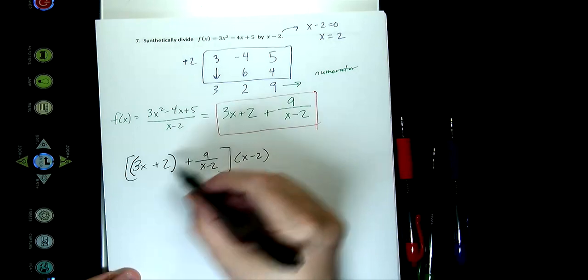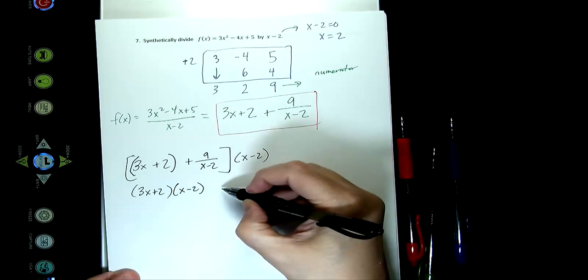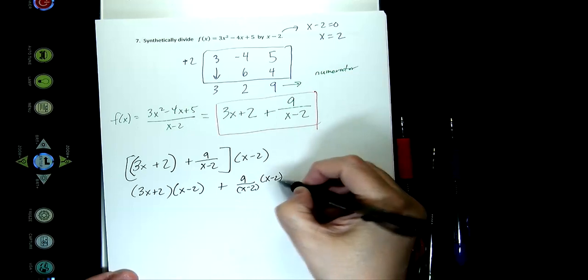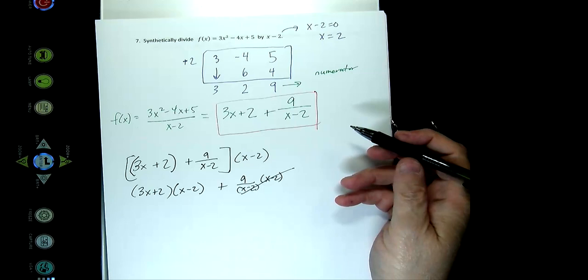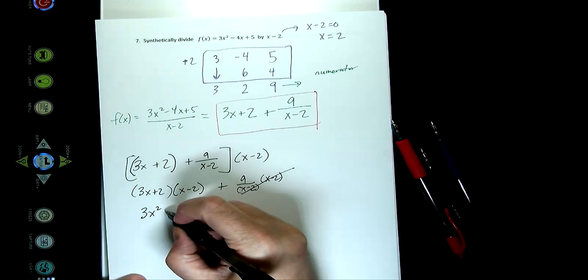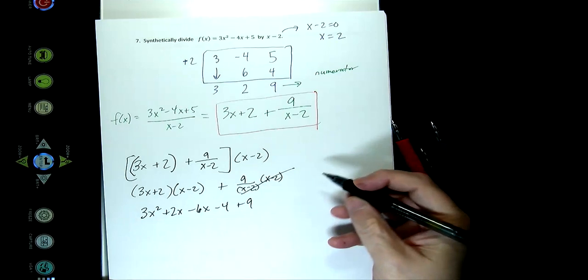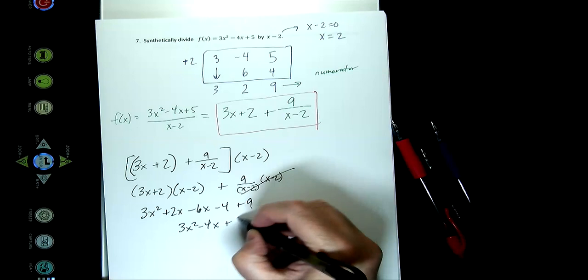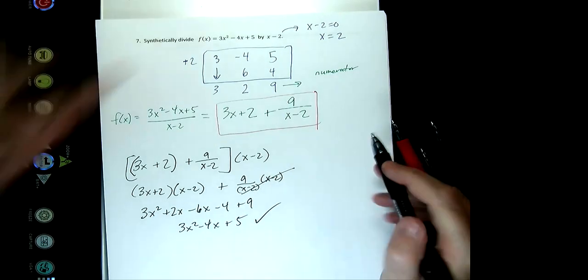If I distribute it, I get (3x plus 2) times (x minus 2) plus 9 over x minus 2 times x minus 2. And we can see that goes away. And I can distribute here, and I get 3x squared minus 4x plus 5, which is what I started with. So that is the right thing.